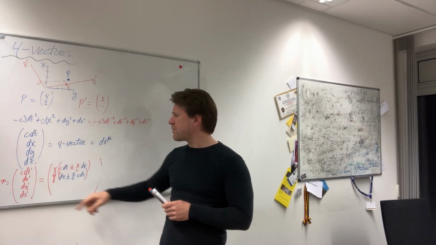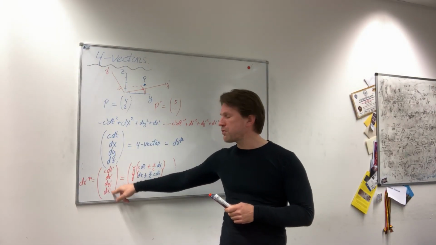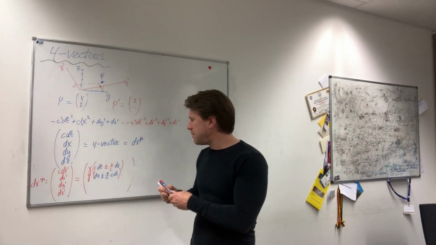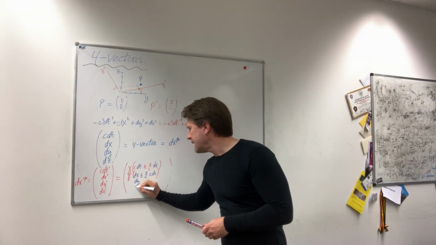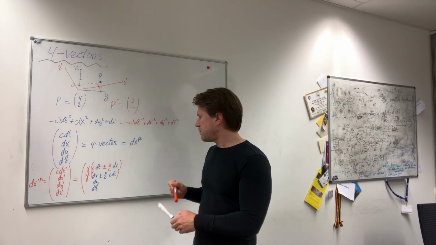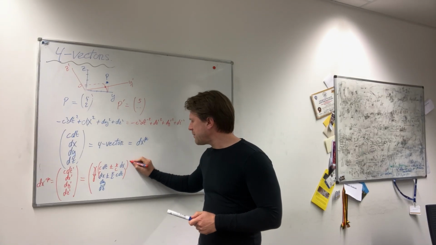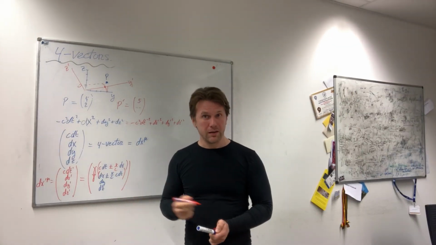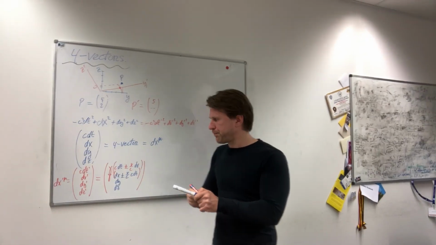And moving in x direction is going to leave the other spatial directions completely unchanged. So dy prime is simply dy, and dz prime is simply dz. So again, not writing down something you don't already know. This is the Lorentz transforms, but now written as a 4-vector.